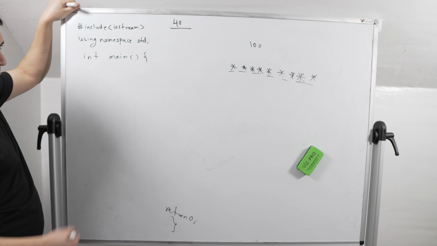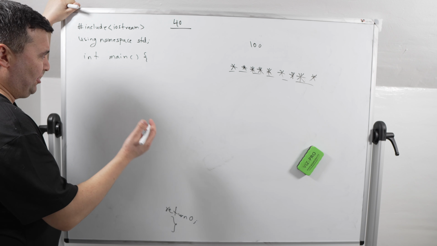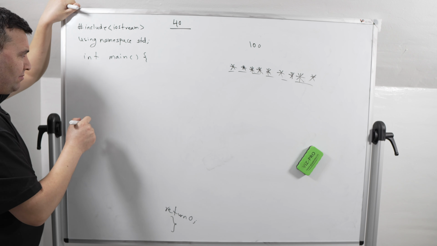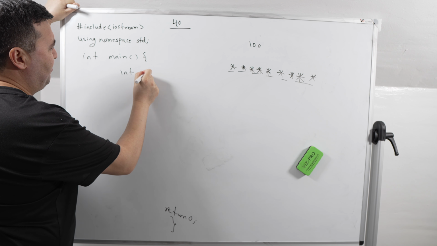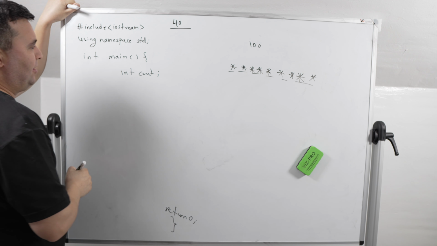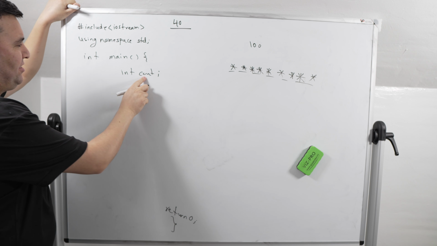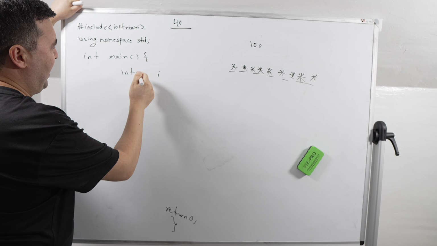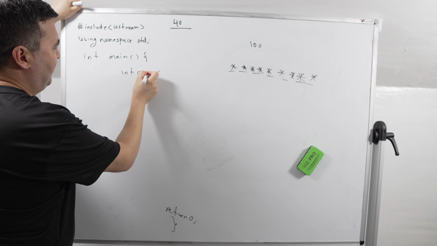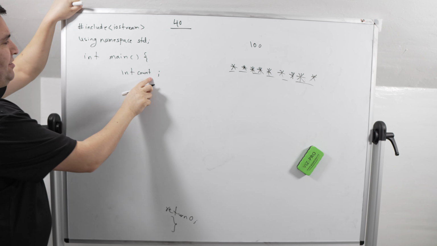So here, first we need to declare variables. I declare an integer variable called count. Why do I declare this variable? It should not be cout, it should be count. Why do I declare this variable?